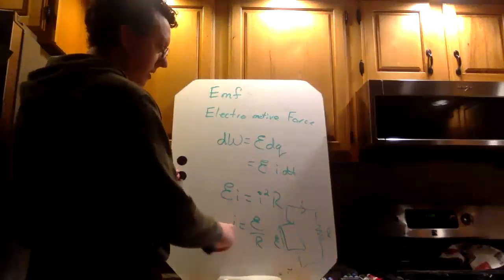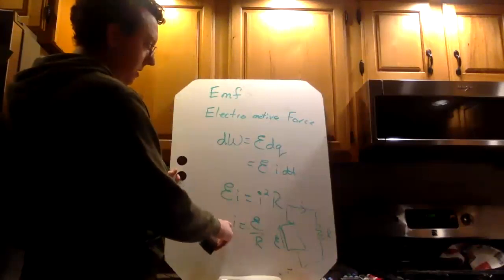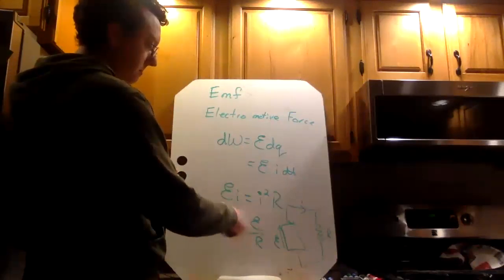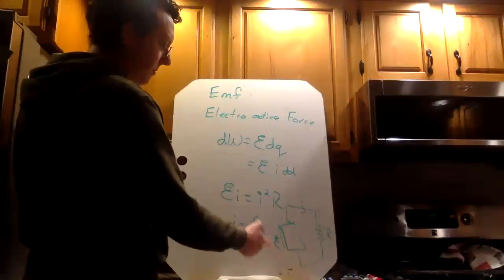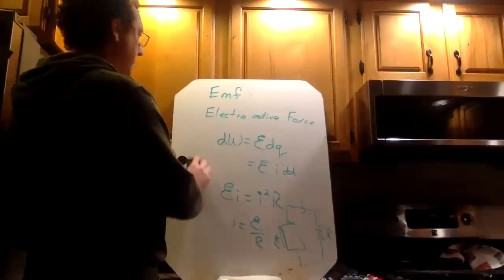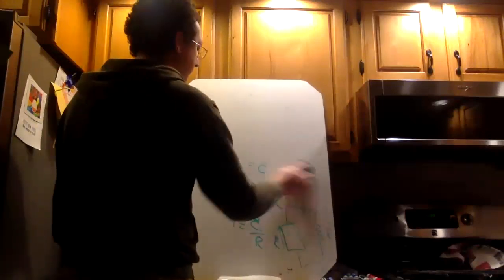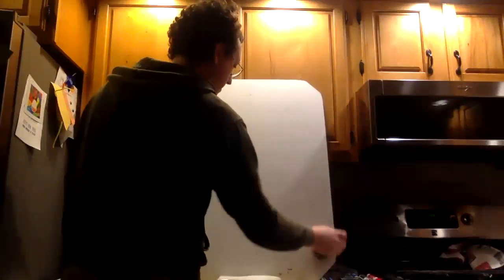The current in the wire must be related to the voltage on the battery, or the EMF, and the resistance. All right.